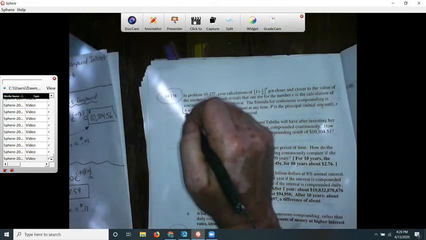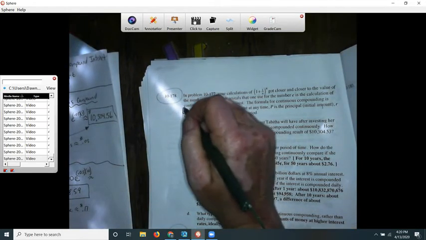This research reveals that one use for the number e is the calculation of continuously compounded interest. The formula for continuous compounding is A equals P times e to the rt. That's just one of your formulas that you need to save, or you can look it up on Google every time you need it.